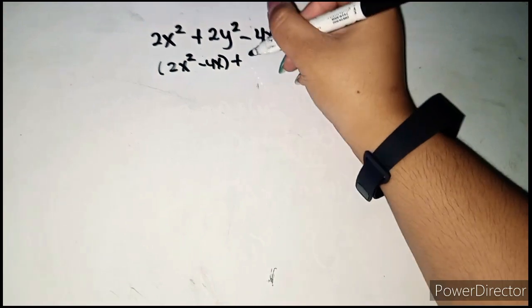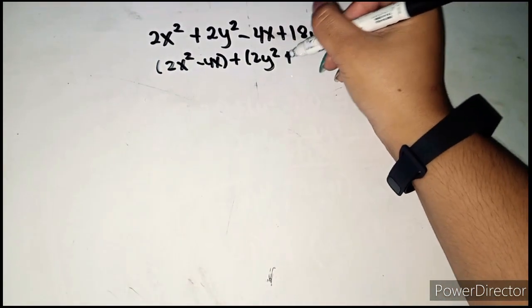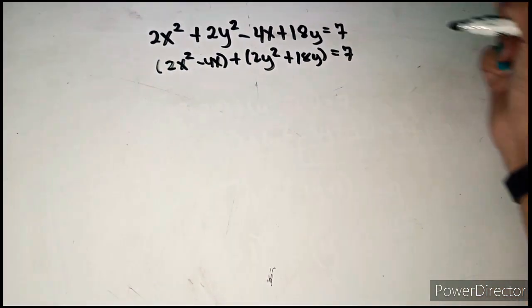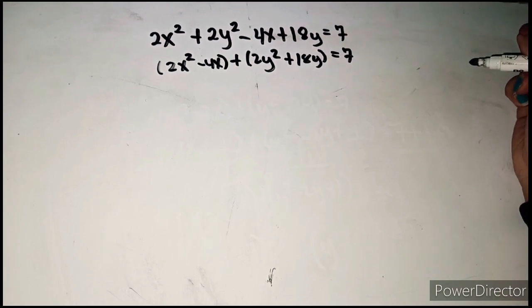Then, the other one ay 2y squared plus 18y equal to 7.